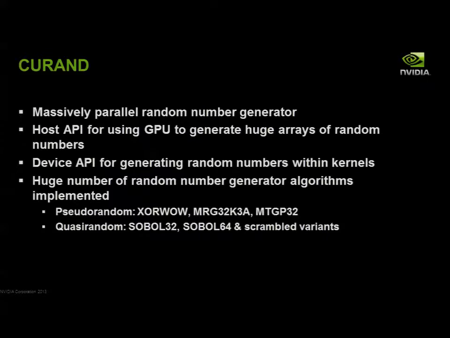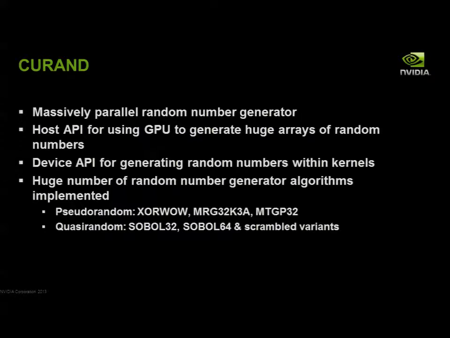Again, if you ever tried to write a parallel random number generator yourself, then you know that this can be a bit ugly. So it's there. No need for you to reinvent the wheel. Just use it. We have a large set of both quasi-random and pseudo-random number generators.